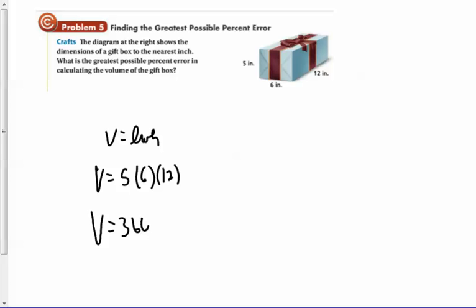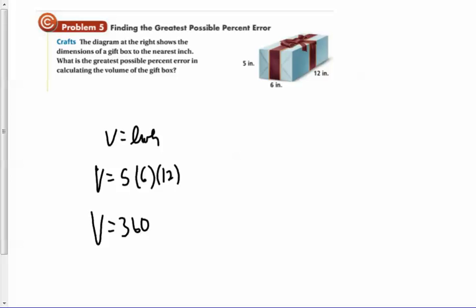Let's say volume is equal to L times W times H. So we just go ahead and take the volume and say it's 5 times 6 times 12. So the actual volume of this is 360.